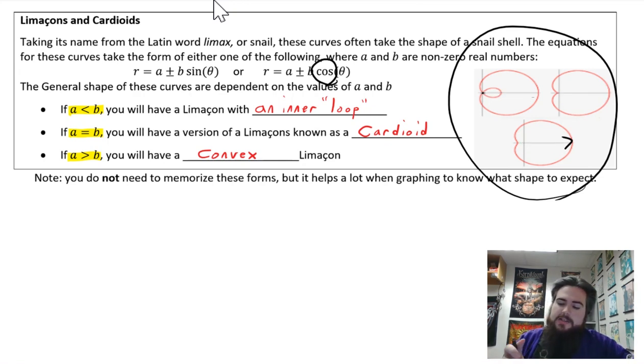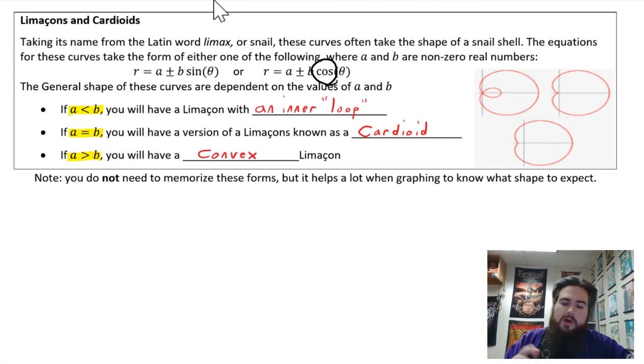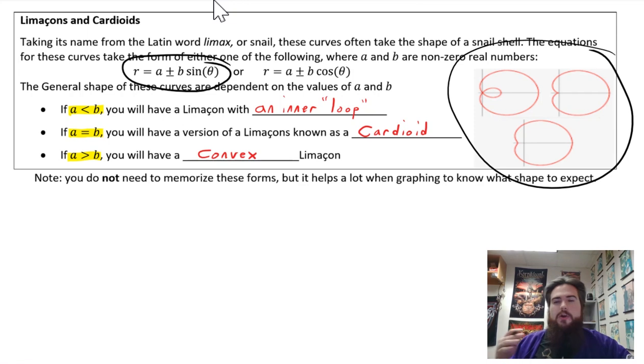This is because all of these graphs are made based on an equation involving cosine, which, on the Cartesian plane and in the unit circle, we tend to associate with the x-coordinates. If you are working with equations involving sine instead, then you're going to have these kinds of graphs, but they're going to be more vertically oriented.